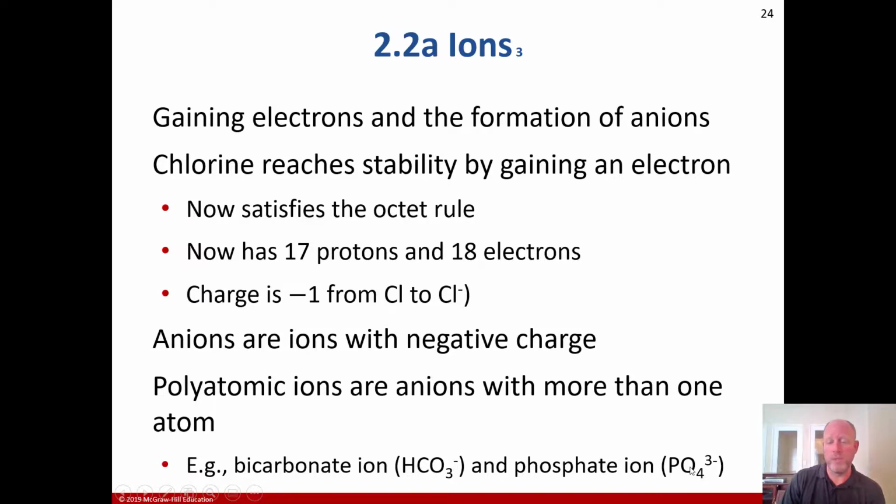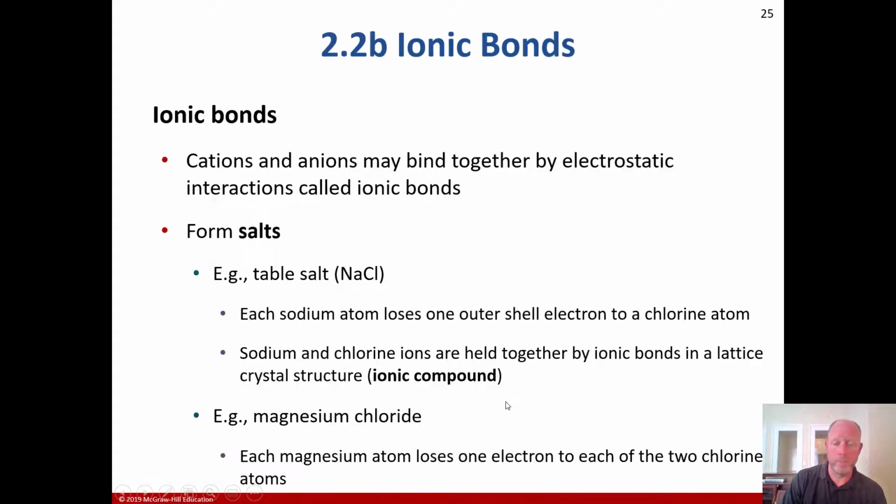And we basically have phosphate and 4 oxygens, and then we have 3 minus, right? Got -3 electrons, basically 3 more electrons than protons with that polyatomic ion.